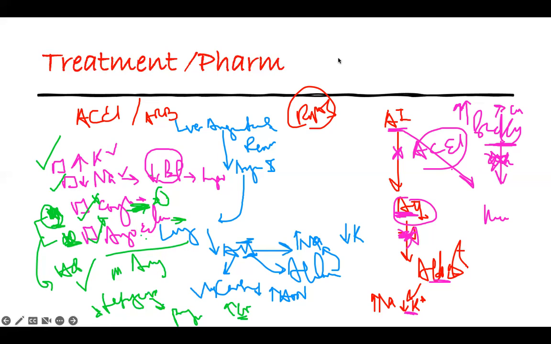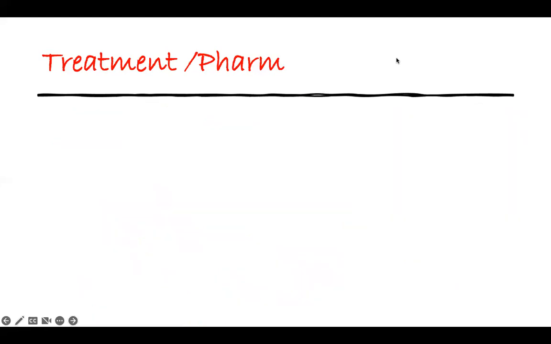So if a patient is taking this for heart failure and is coughing and having angioedema, we can give them an ARB. Let me draw this again. You have angiotensin 1 going to angiotensin 2, and angiotensin 2 making aldosterone. An ARB doesn't block angiotensin 1 going to angiotensin 2.